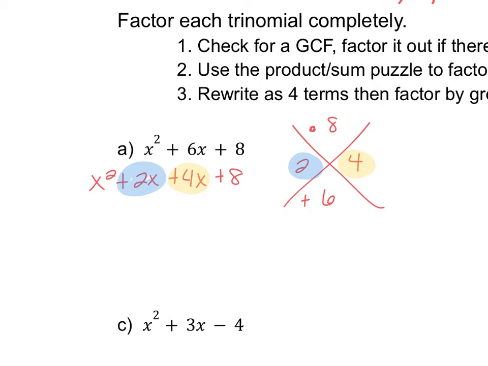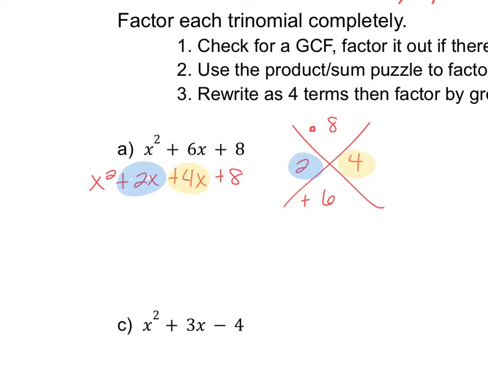As you can see, if you were to combine like terms, which we don't want to because we just split them apart, you would get this exact same thing, right? All I did was split up this 6x into 2x and 4x, okay?